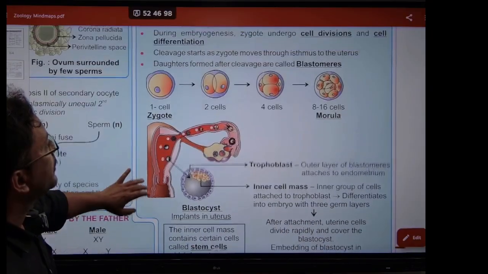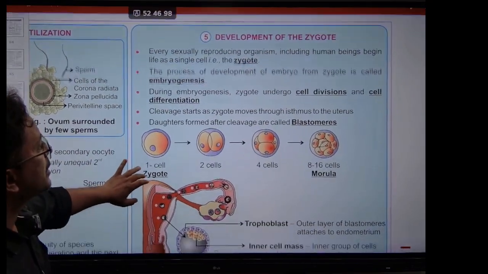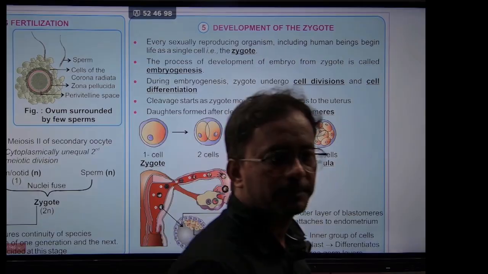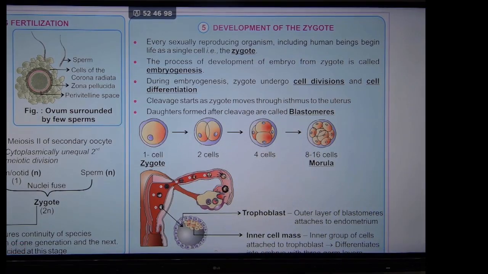Next, what happens after fertilization, guys? Tell me. There is a process called cleavage. What happens there? After the formation of the diploid zygote, within 24 hours, the zygote divides to form 2 cells, then 4, then 8, then 16. And these cells are called blastomeres. The 8 to 16 cell stage is called the morula.